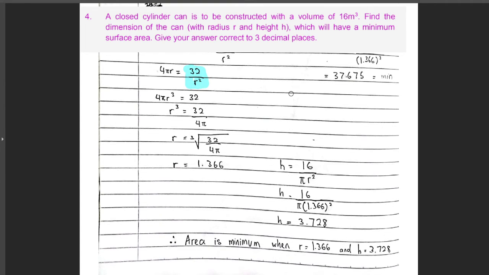And then we move r squared, so r squared times 4 pi r becomes 4 pi r cubed. Then we move 4 pi, which becomes 32 over 4 pi, and then we take the cube root, so r is the cube root of 32 over 4 pi.